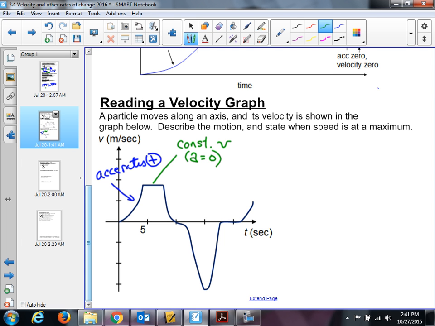Something I tend to do, that's all. What's happening here? Negative acceleration. Okay. Negative acceleration. In this case, it's slowing down, right?